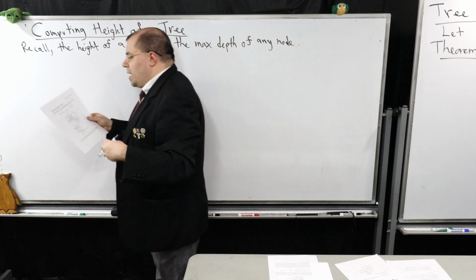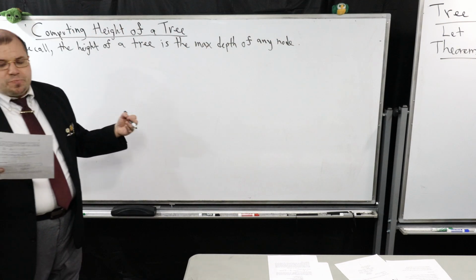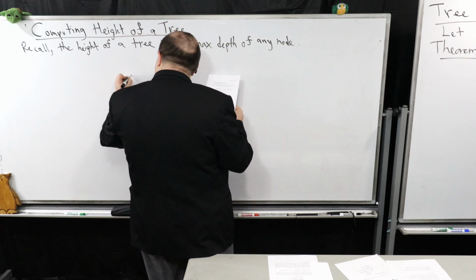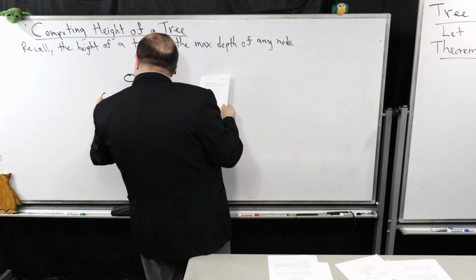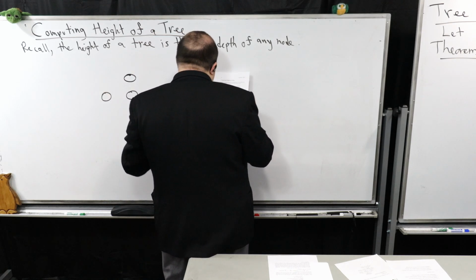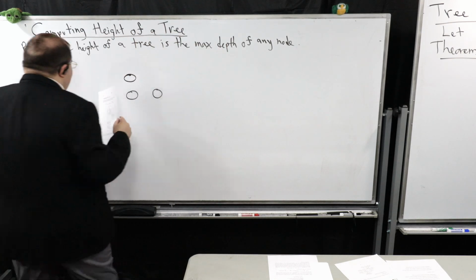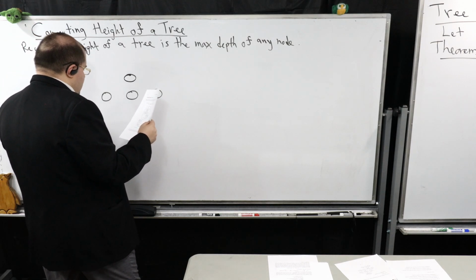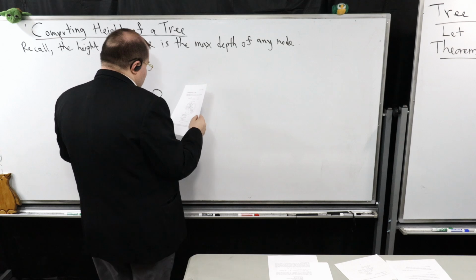So I'm going to draw out a tree, and we're going to try to figure out what's going on with it. I'm not going to worry so much about what I'm using to label the nodes. I'm just going to draw some nodes out.